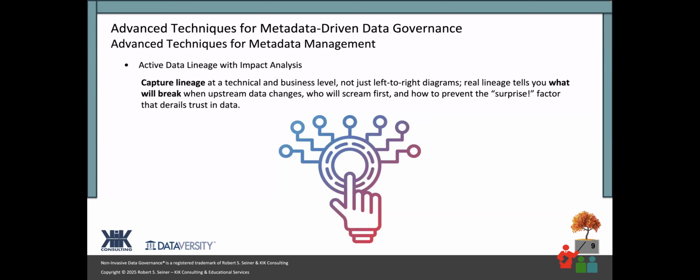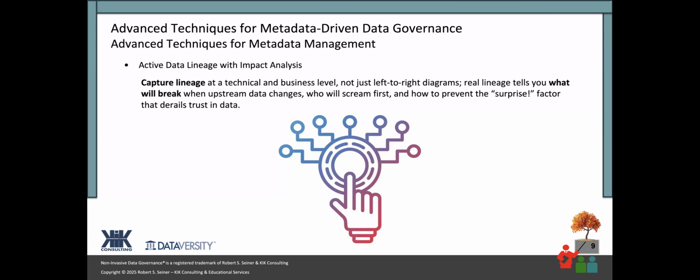So another technique, if you're struggling to determine what metadata you want to incorporate into your data catalog tool: people want to know where the data came from. They want to know what's going to break if something changes.